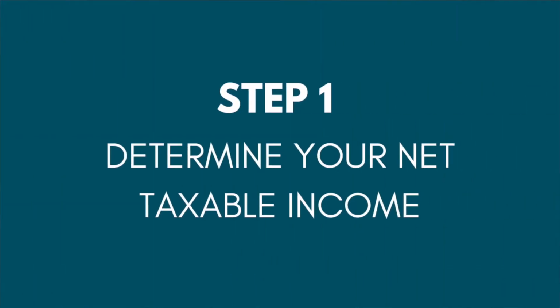So before you even touch anything on the calculator, step one is to determine your net taxable income. So this figure can come from numerous places, you guys. If you're using a Google spreadsheet or an Excel spreadsheet, that number is going to just be all of your income for the quarter minus all of your expenses for the quarter from those worksheets, and that number is going to be your net income.